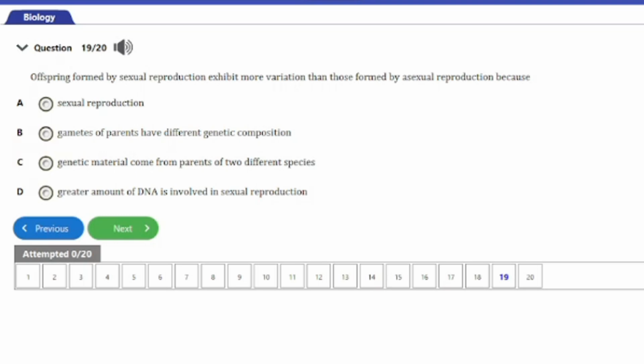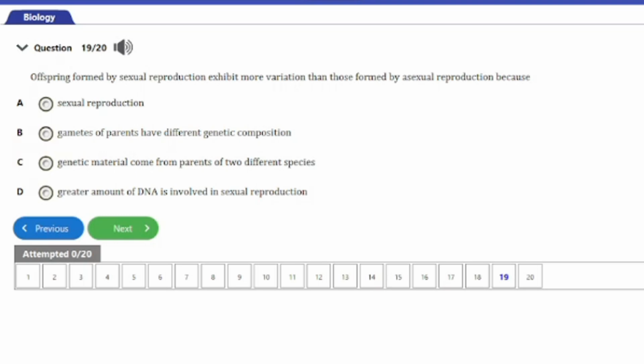Question number 19, it says, offspring formed by sexual reproduction exhibit more variation than those formed by asexual reproduction because A. Sexual reproduction, B. Gametes of parents have different genetic composition, C. Genetic material come from parents of two different species, D. Greater amount of DNA is involved in sexual reproduction.